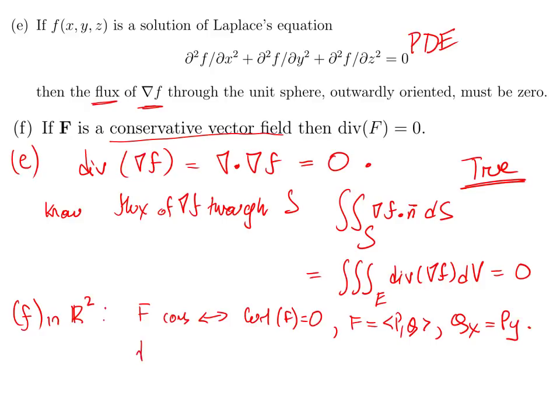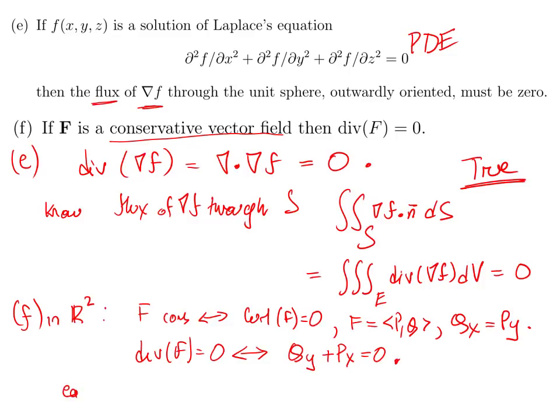And divergence of F equals 0, what does that mean? Well, that means Qy plus Px equals 0. These are clearly different conditions on the vector field F, and the question is, does one imply the other? Well, it doesn't look like it, right? Once I have all these things on the table, I can just cook up an example where the curl is 0, but the divergence is not 0.